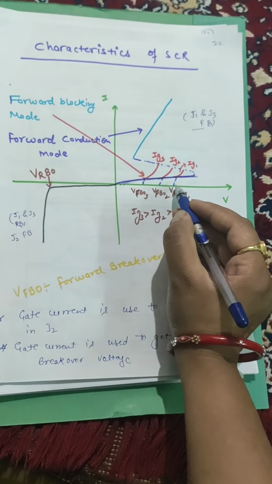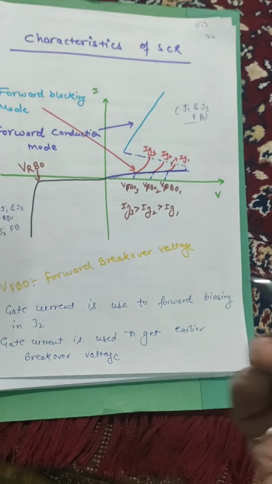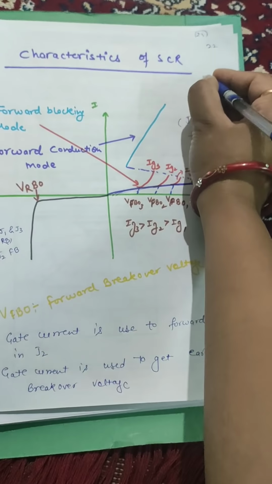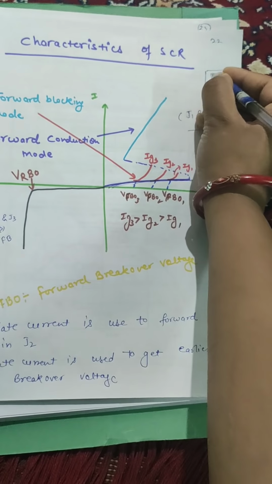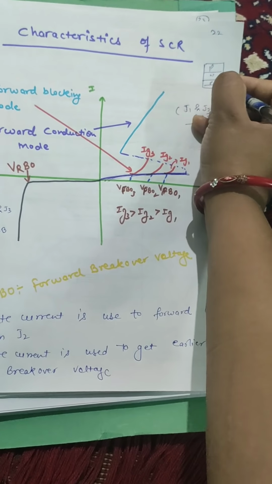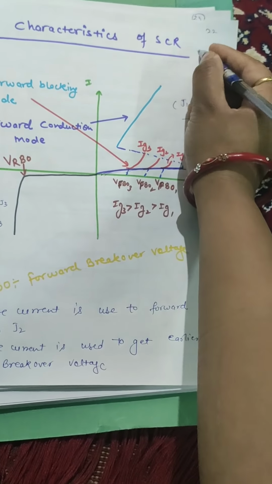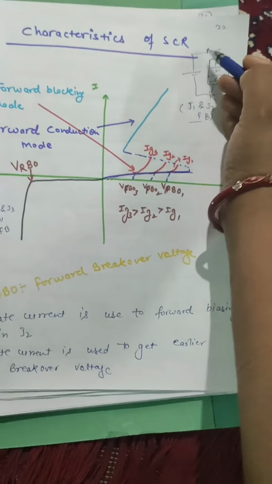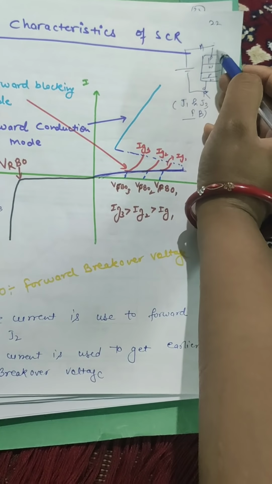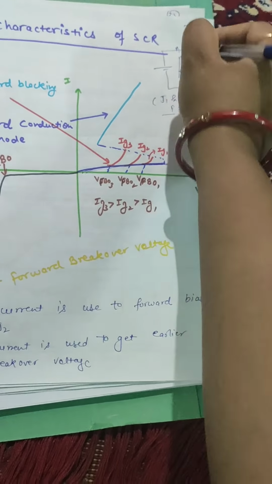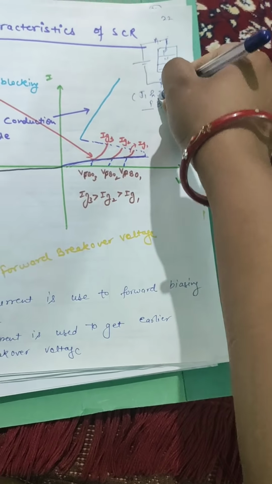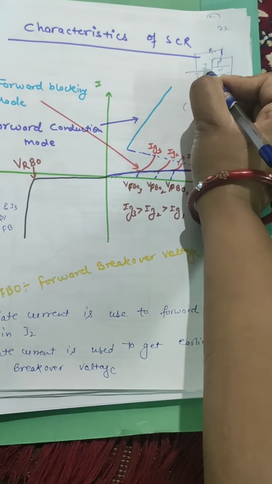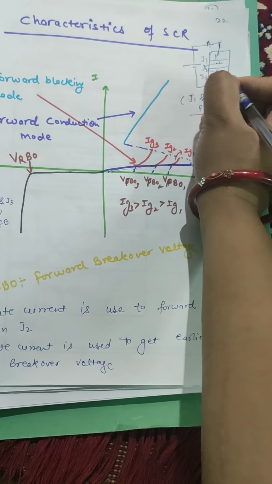Then, when we increase the voltage between anode and cathode in forward bias, current from anode to cathode will not flow fully. Some leakage current will flow because J2 is in reverse bias.